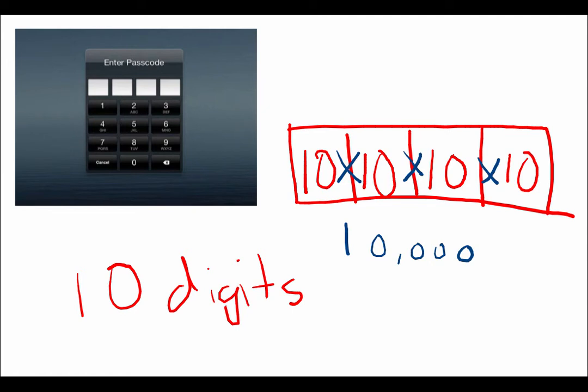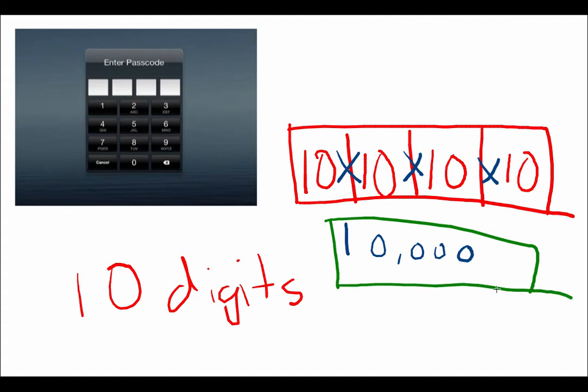Now if you think about it, 10,000 different combinations, is this a really large number? Will that make my iPad easy to hack? Now again, this 10,000, though it looks like a lot, if you were to manually enter each possible combination, there are 10,000 of them.